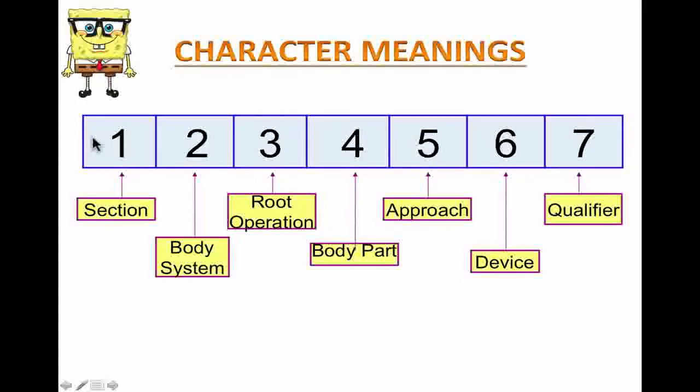Each character, first, second, third, fourth, fifth, sixth, and seventh, represents an aspect of the procedure. The first character in the code determines the procedure category or section. Think of it like each department in a hospital. For example, the radiology department, obstetric department, physical therapy department, etc. The second character is the body system.